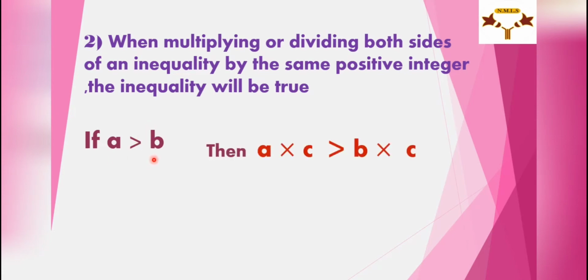In this example, if a is greater than b, and I multiply a and b by the same positive number c, then a multiplied by c will still be greater than b multiplied by c. And the same here, if I divide a by c, it will be greater than b divided by c. So in the inequality, like the equation, the two sides will not change by adding, subtracting, multiplying or dividing by positive numbers.